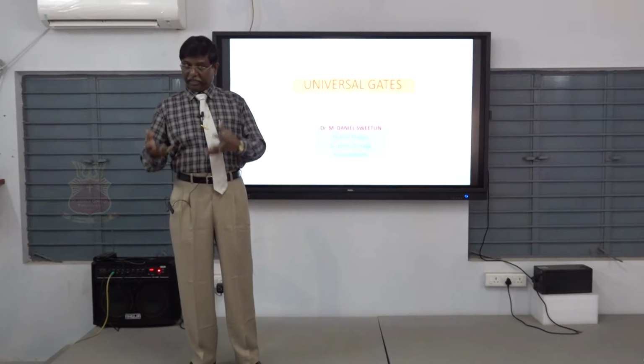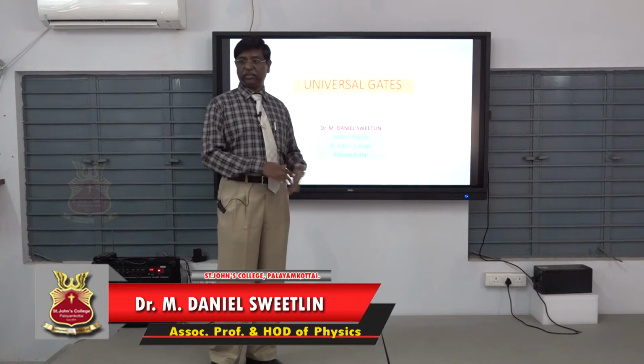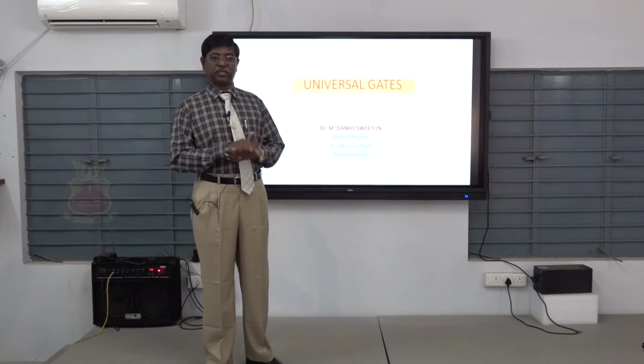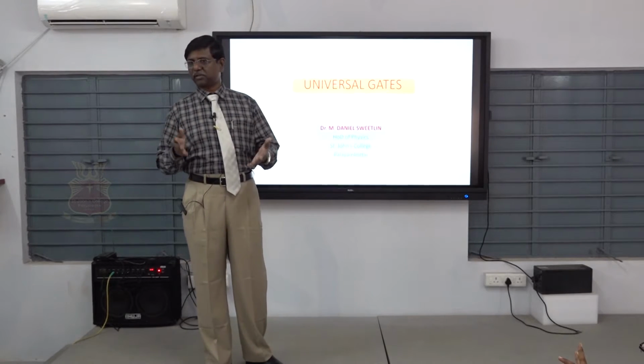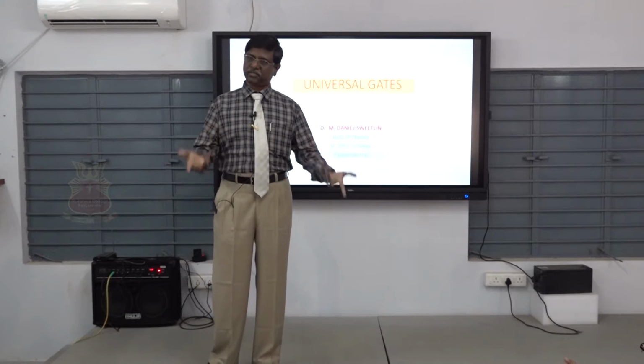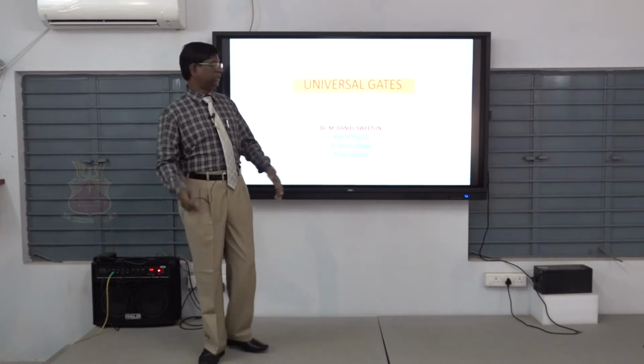Instead, if we can convert the same circuit with the same functionality using universal gates, it is sufficient to use 1 or 2 ICs. So power consumption will be reduced, the heat produced in the circuit will be reduced, and the cost of the circuit will also be reduced. So these merits are there.